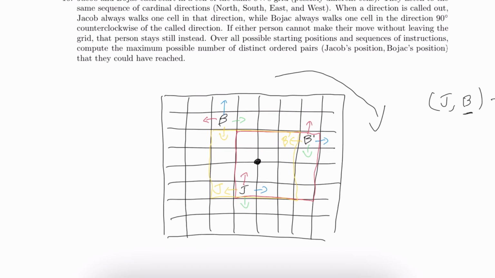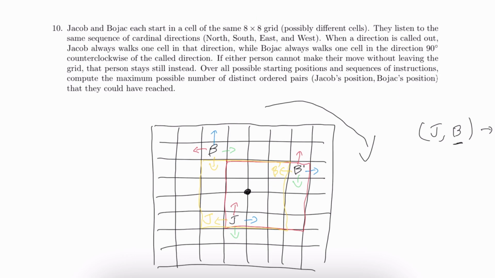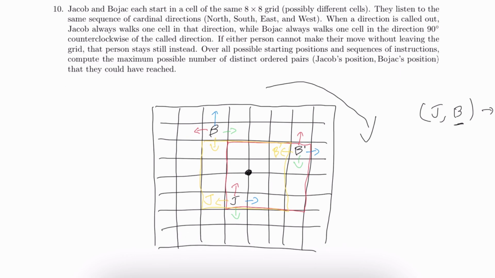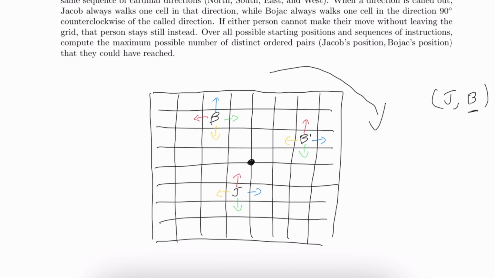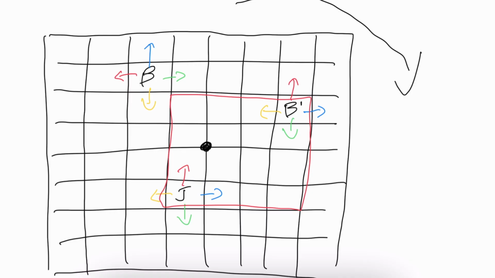But what happens in the case when the box is on the edge? So let's get rid of this. I'll draw this one back in. Let's say they moved east this time, and we have J and B prime. So now their box is like this. And what happens if they move east again?